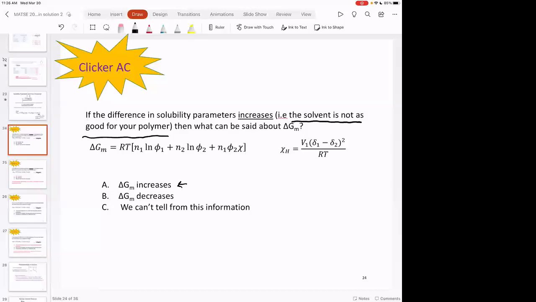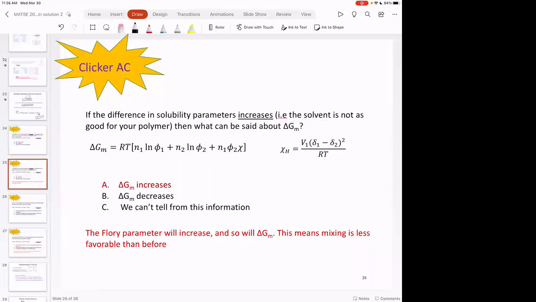So if we increase delta G of mixing, if it's getting further away from zero, we know we have a poor solvent system for our polymer. This really doesn't tell us whether it's positive or negative, but if the Flory parameter increases, or those two deltas, delta 1 and delta 2, get further away from one another, we have a poor solvent system for our polymer. Okay.